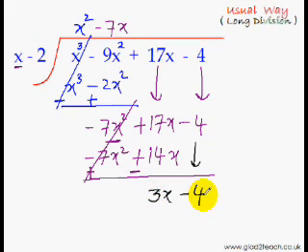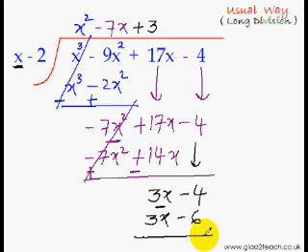So this is our new dividend, and once again we repeat the same process again, that is divide the first term of this new dividend with the first term of the divisor. So 3x divided by this x is 3, so we put positive 3 there. Now multiply this 3 with all the terms of the divisor. 3 times x is 3x, and 3 times minus 2 is minus 6, and once again you subtract it by changing the sign.